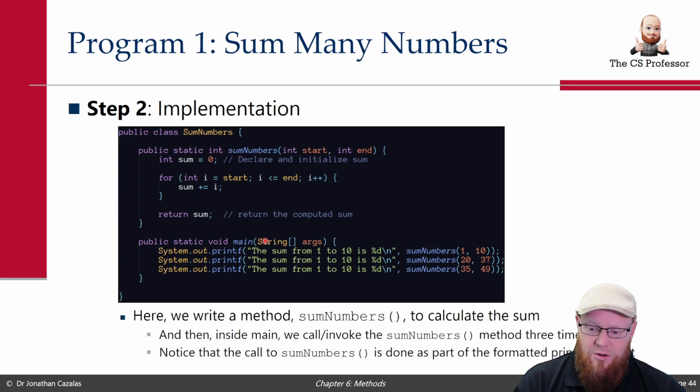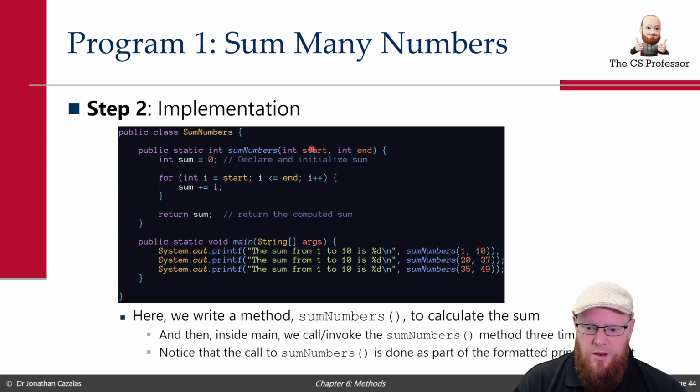And now when we look at our main, I simply have 3 print statements. The sum from 1 to 10 is %d. And when I put the %d, that's a placeholder. What needs to go there? Something after the comma. Well, when we look at what's after the comma, I'm calling some numbers 1 10.